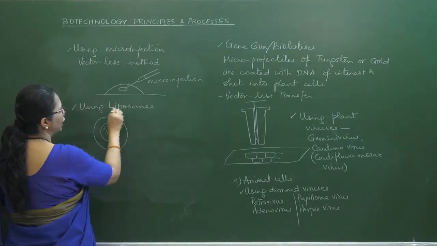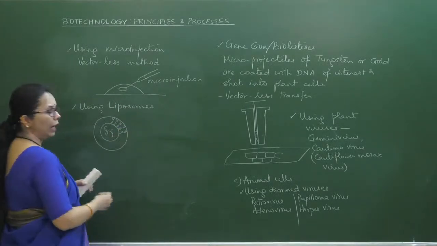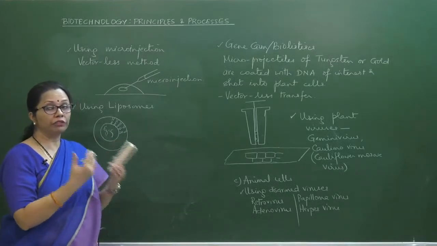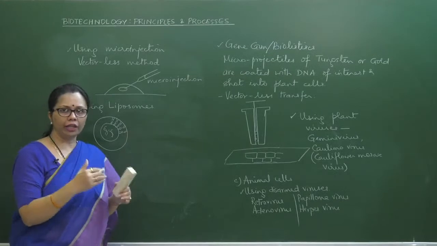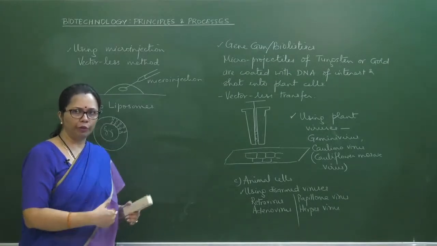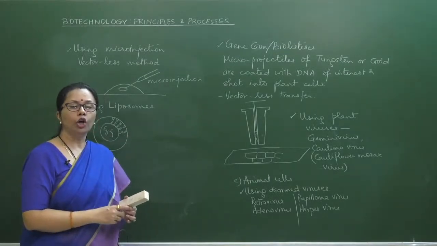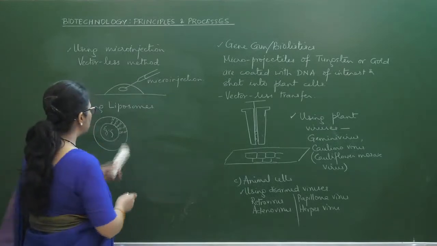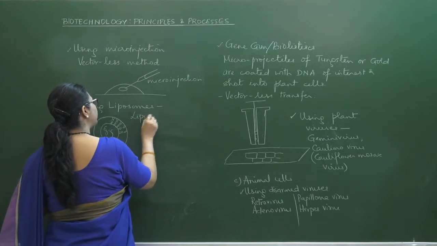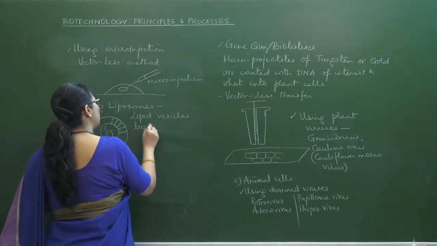That's why it's called liposome, lipid body. This liposome can be made to fuse. Since we don't have a cell wall, it can directly fuse with the cell membrane, and as a result the DNA will be going in, and some of the DNA can integrate once again with the host DNA.